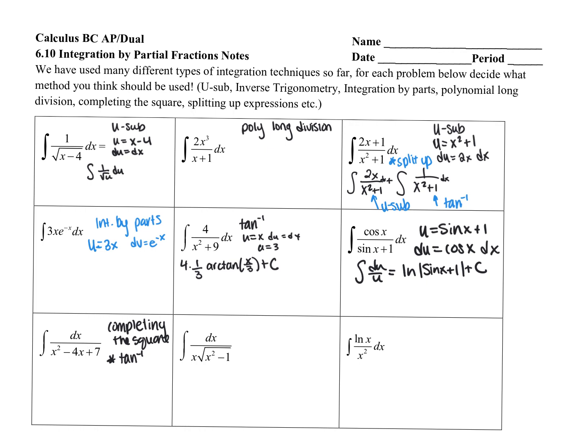Is this one a good u sub? Would this be a good u sub problem? If we picked u, what would you pick u to be? x squared minus 1? What would du be? 2x dx.